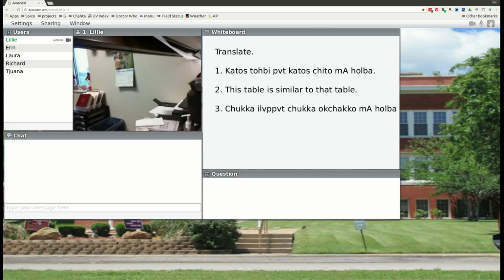On number 2, this table is similar to that table. This table is similar to that table, and I didn't mean to erase that.